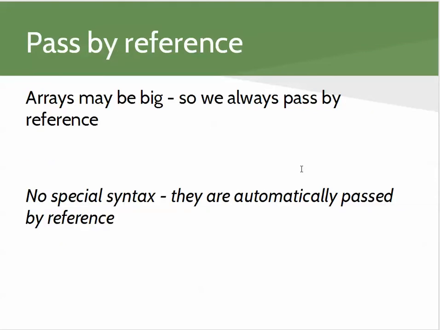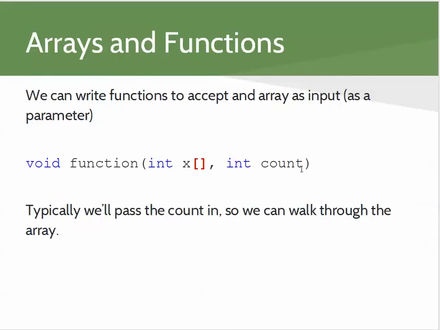Now, one of the big things that is different between regular variables and arrays is the fact that an array is, by definition, multiple variables. Right? So the name of an array, when we say int x, an array, that could be 5 variables attached to x. That could be 1,000,000 integers. We don't know.